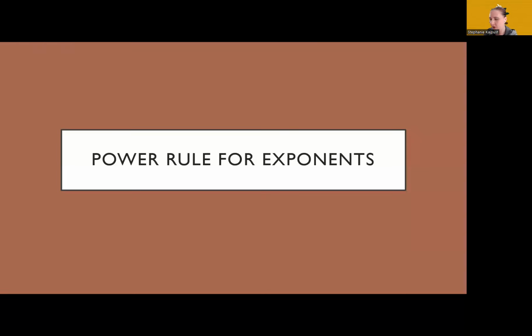Okay, so I'm covering the power rule for exponents today, and this is a very important rule that I see a lot of people get wrong. So it is important to know, and we're covering lots of rules for exponents this week. These rules are needed when we're multiplying polynomials because we usually end up having to multiply things with exponents together.